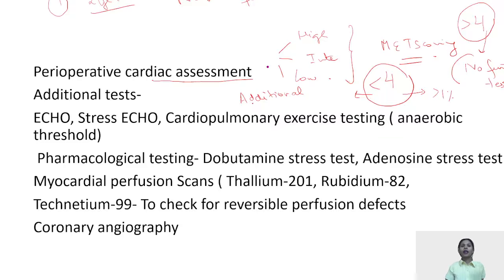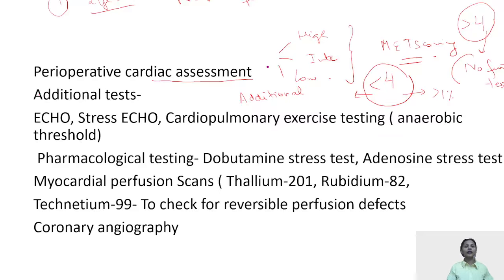I repeat, when we are dealing with the cardiac assessment of a cardiac case, if the MET scoring is more than 4, then no further testing is required than your routine testing. But if the MET scoring is less than 4 and the patient has to undergo a high risk or intermediate risk surgery, then additional tests are required, but only if they are going to change your plan of management.